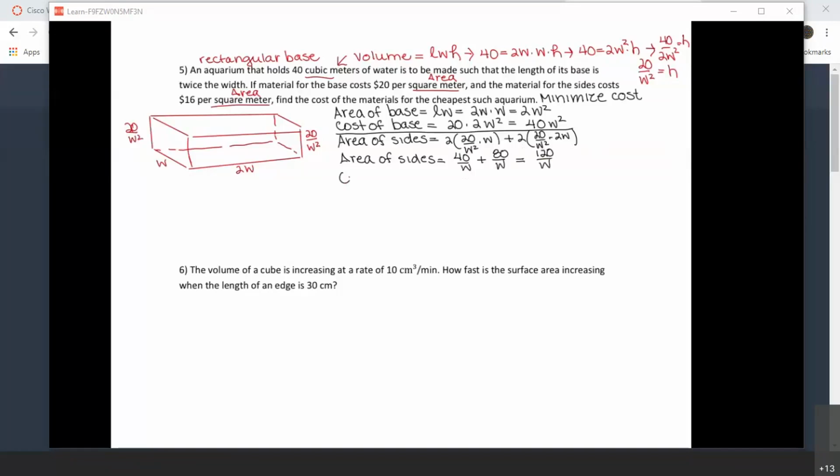Now the cost of the sides: we said all of the sides cost $16, so 16 times 120 over W.